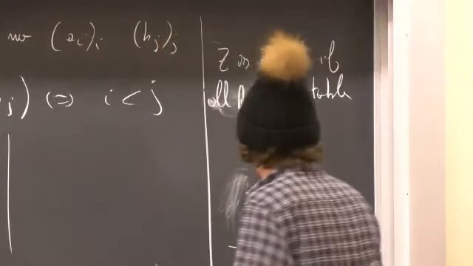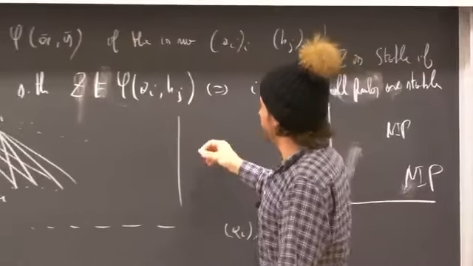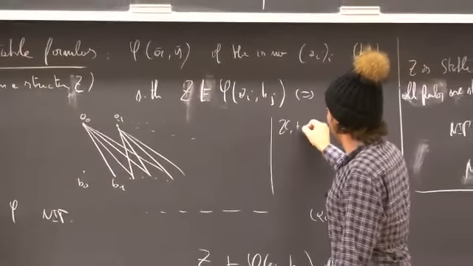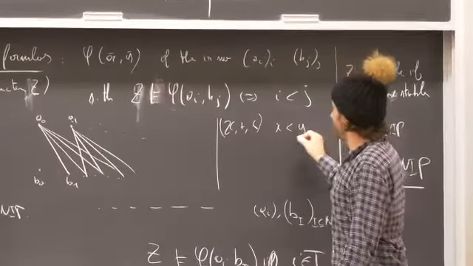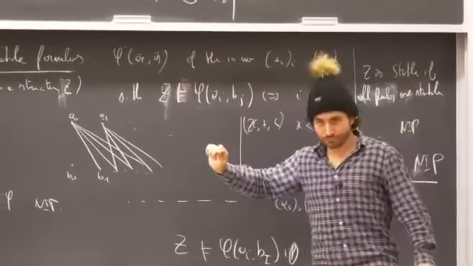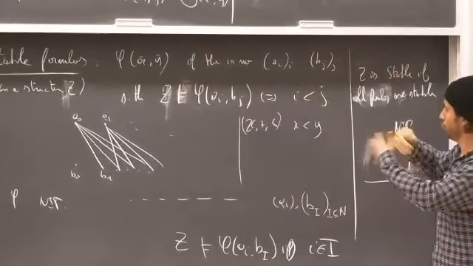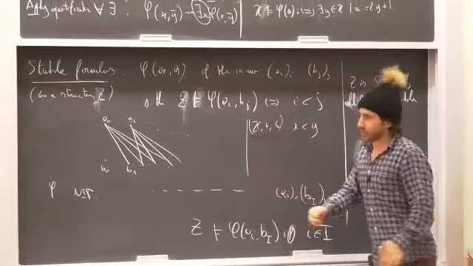For an example, of course, in this structure the formula x less than y will not be stable. So this structure is not stable. It turns out it is NIP.